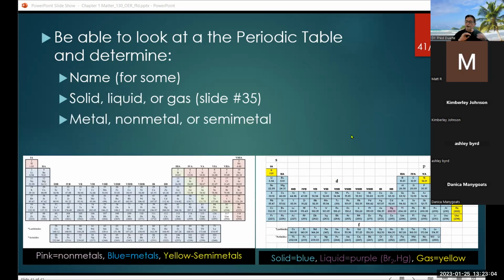Determine again for any element whether it is a metal, non-metal, or a semi-metal, or the other term used, metalloid. And then which elements are diatomic and which ones are not. Like I stated, there are only 7 elements that are diatomic.